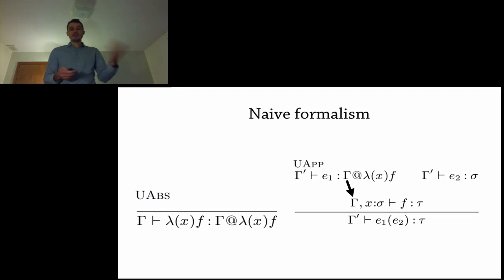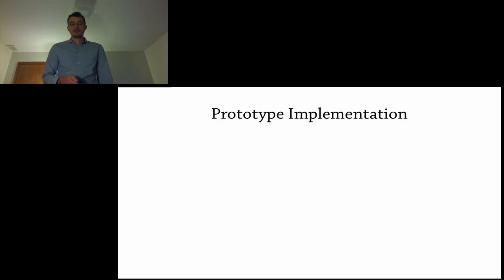We can say that in the definition environment with x of type sigma, which is the argument, which is E2 here, then the body of the symbolic closure is of type tau, which propagates out. And yeah, this is almost identical to the reduction rules for runtime closures.